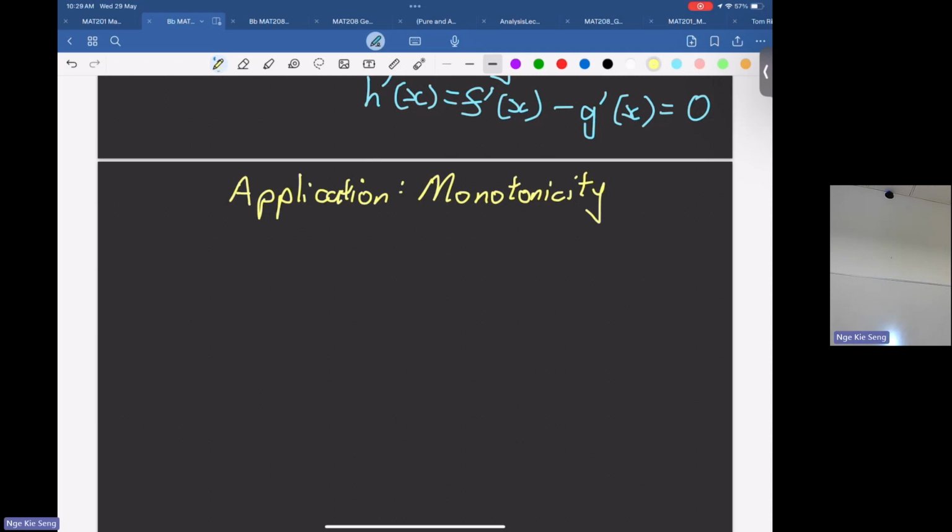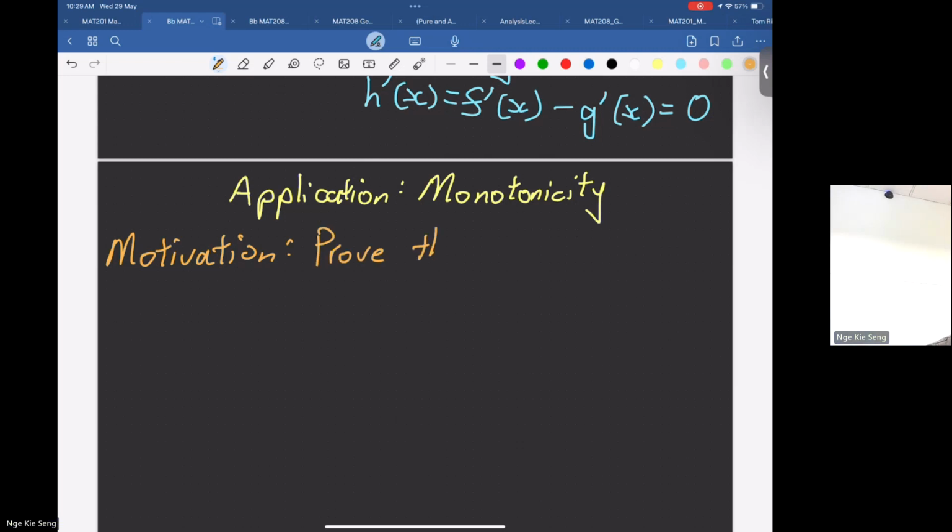Yes, first derivative. If the first derivative, what? Like, give me a calculus 1 question. Like, prove what? Prove that x cubed is increasing, maybe.